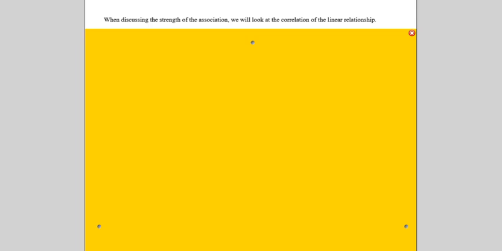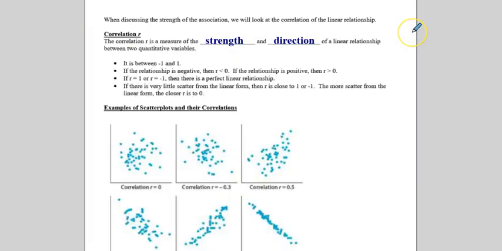Okay, last but not least. If you remember from Algebra 2, we use the letter R for correlation. Correlation is a measure of the strength and direction of a linear relationship. It's always between -1 and 1. If the relationship is negative, then R is less than 0. If it's positive, it's greater than 0.